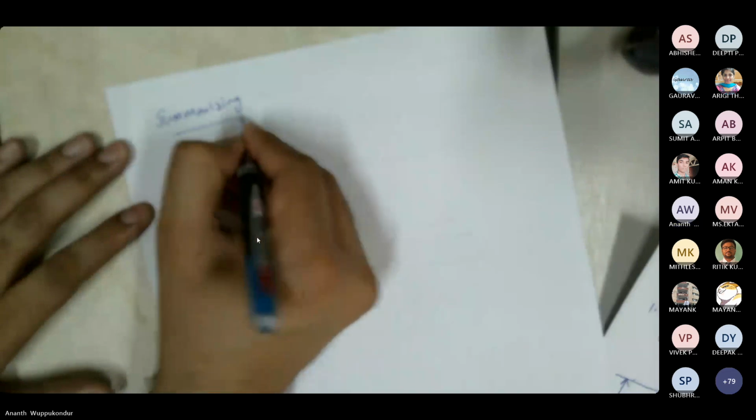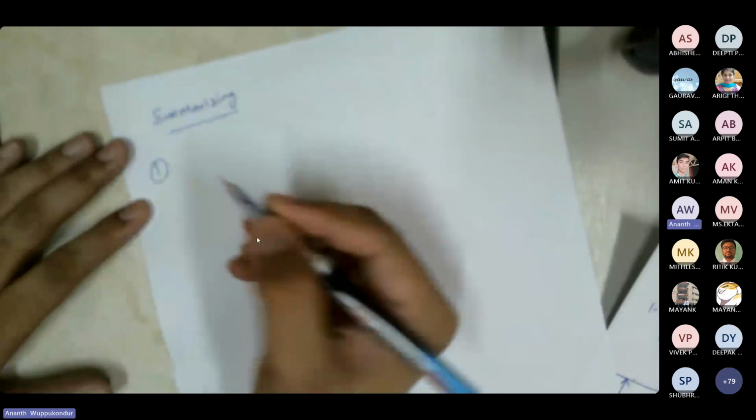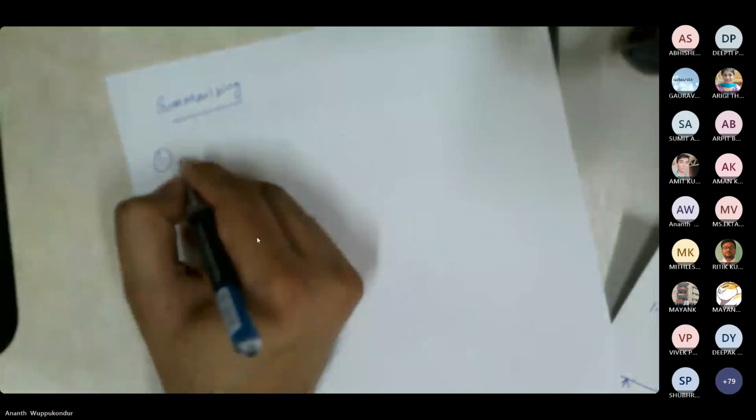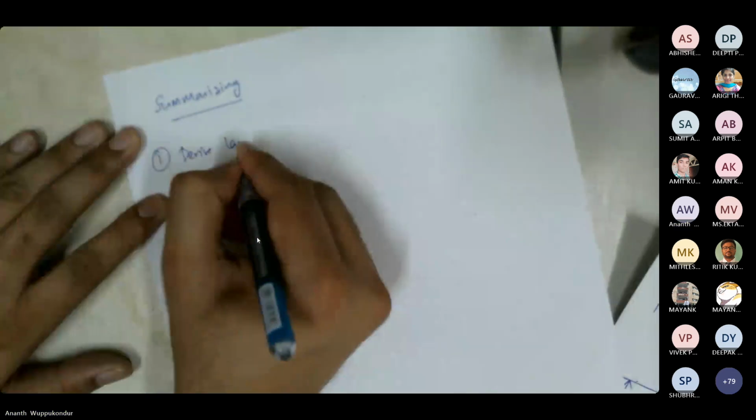So to summarize the concepts that we have seen today, the first thing we did was to derive the Laplace equation.